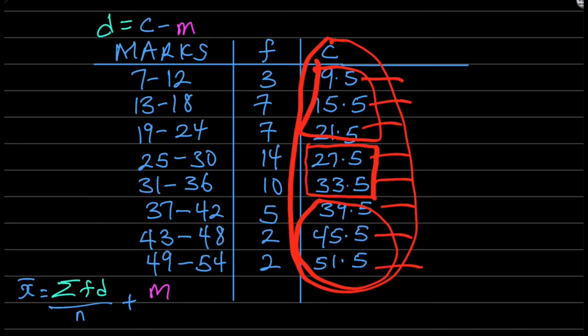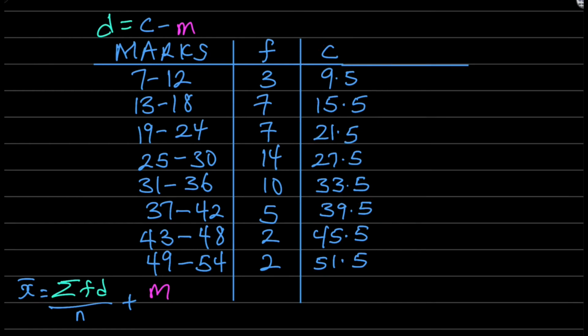Since we need one, all you need to do is to pick one, and whichever one you pick would be valid. You either pick the first one, 27.5, or you pick the second one, 33.5. Whichever one you pick would be valid.